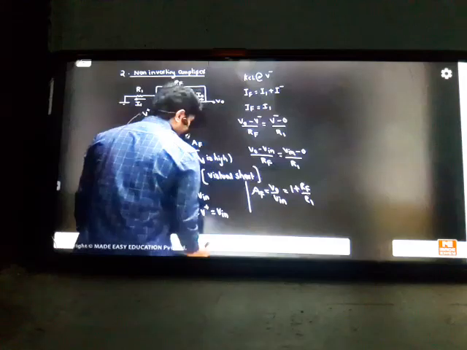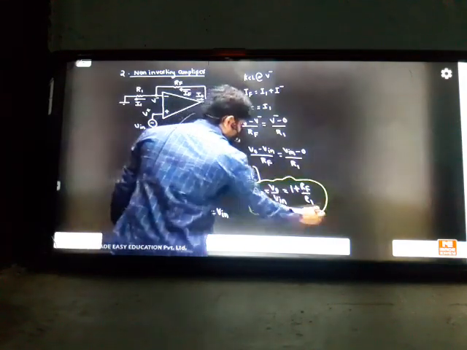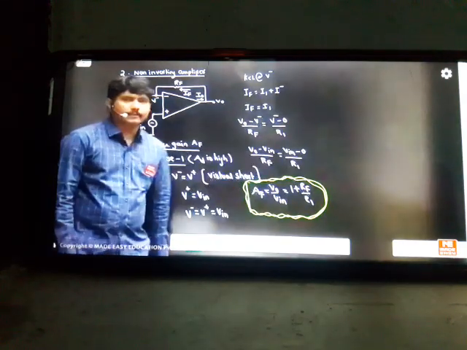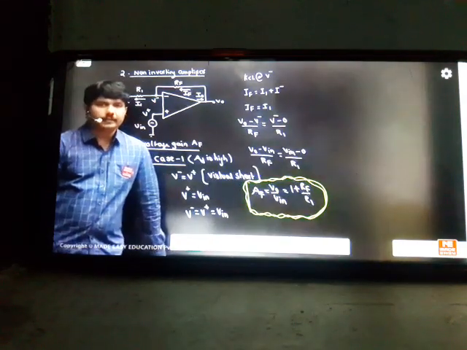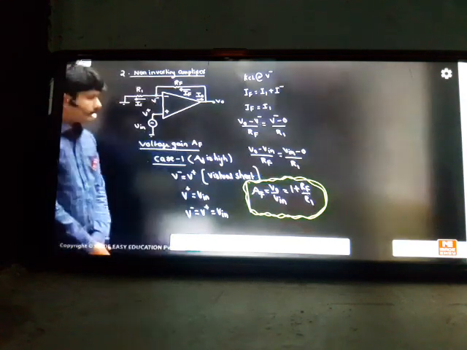You can see this is the standard gain of the non-inverting system. This is a beautiful gain, 1 plus RF by R1. So we proved that the non-inverting gain is 1 plus RF by R1. Inverting gain is different from non-inverting gain. Inverting gain has a negative sign, non-inverting gain has a positive sign, and it is 1 plus RF by R1. That is the way to get the concept.